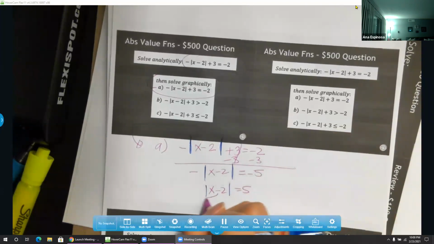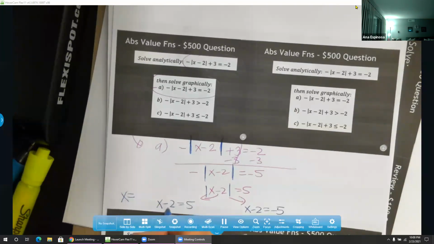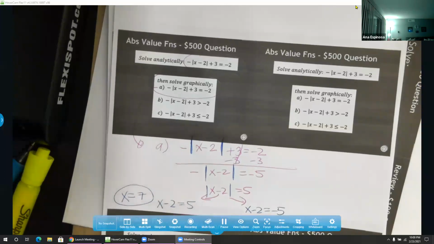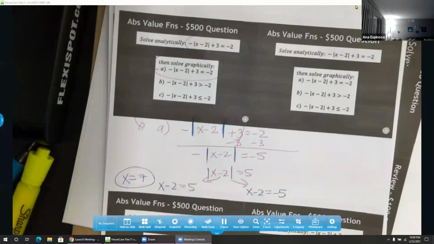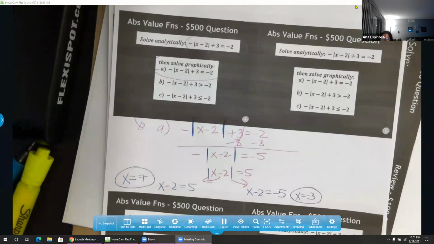At this point, I do the split, right? So I have x minus 2 equals 5, x minus 2 equals negative 5. From this side, I get x equals 7, right? From this side, I get x equals negative 3. All right, so I get 2 dots.